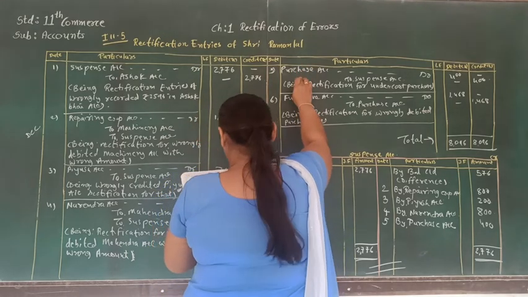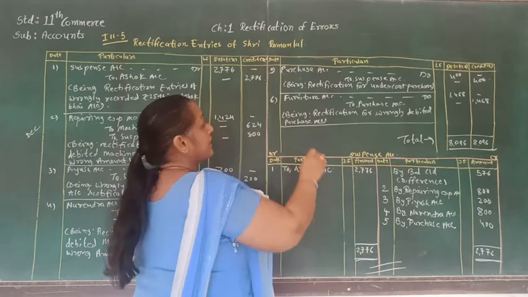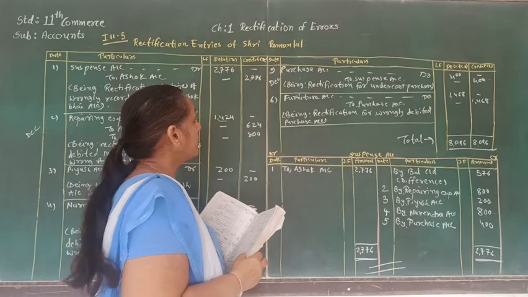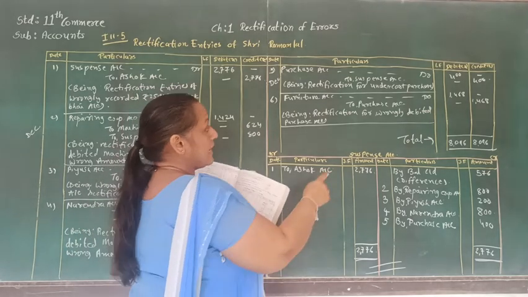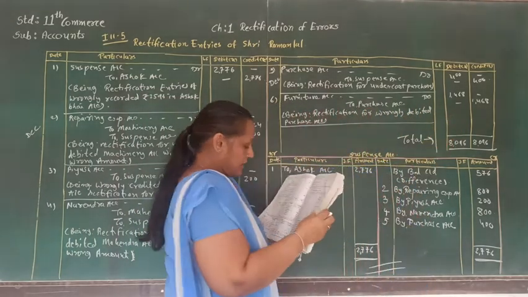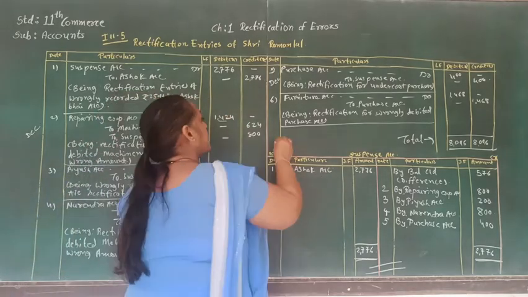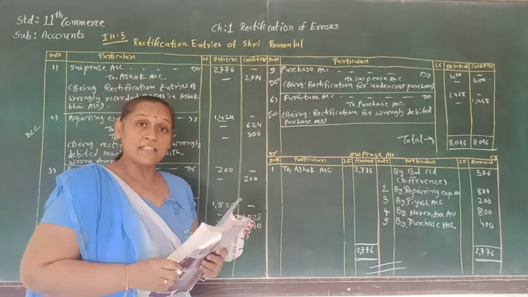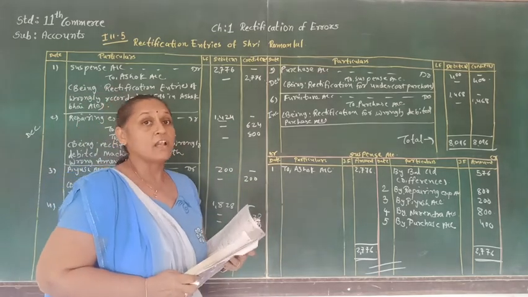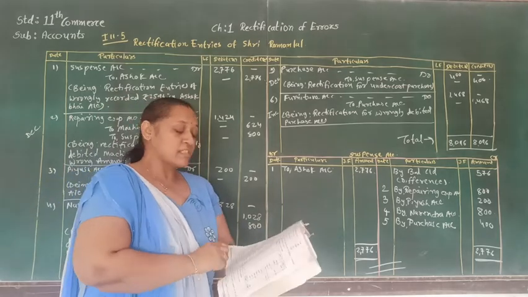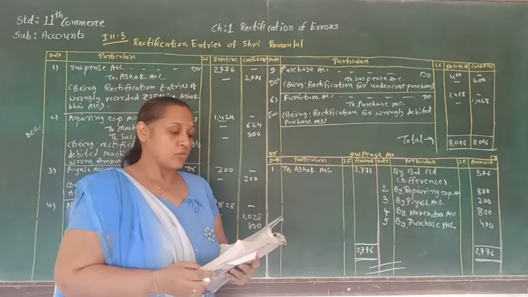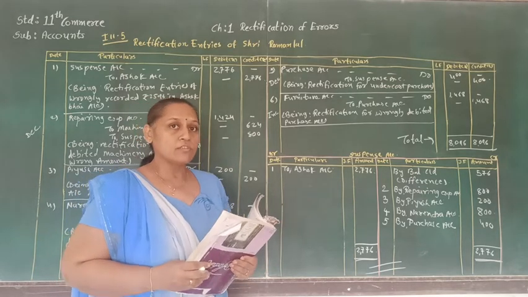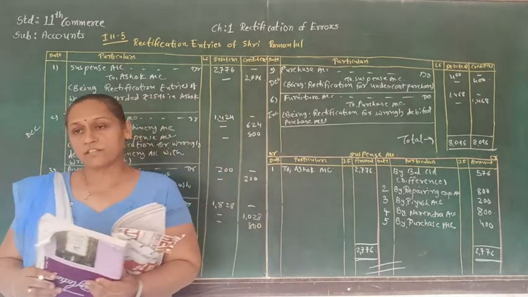Because of the sixth transaction, as purchase account is going to be credited, there will be an increase in profit. So there is an increase or decrease in the profit because of the transactions. So we are going to see how much profit is going to be increased after the rectification of entry. So let's do that. You may note down this, then you will see that.